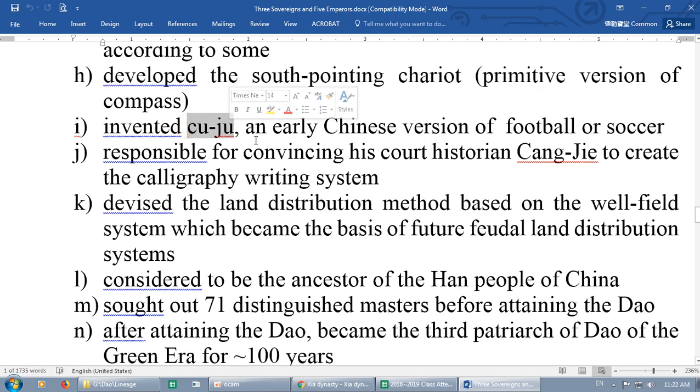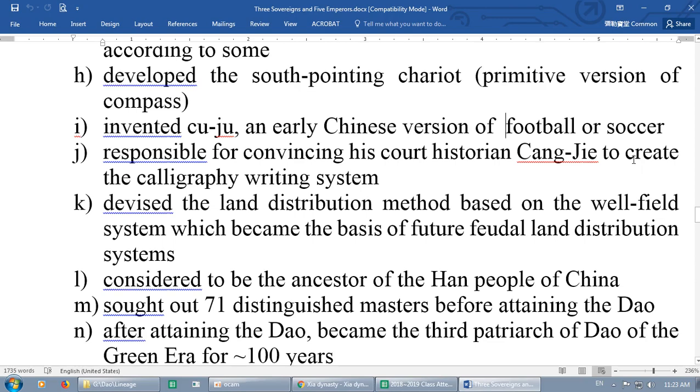Cuju. It literally means to kick a ball. Literally in Chinese, it means kickball. So that's an early Chinese version of football. As a matter of fact, FIFA, anybody know who FIFA is? They're the international official sanctioning body of soccer.